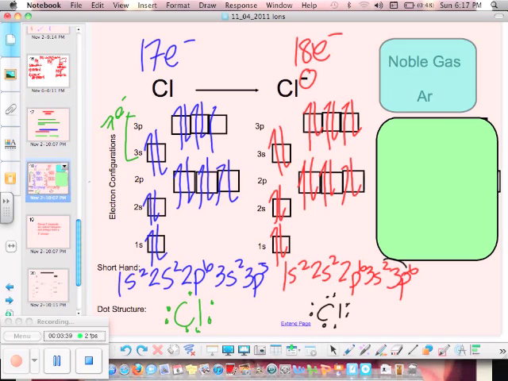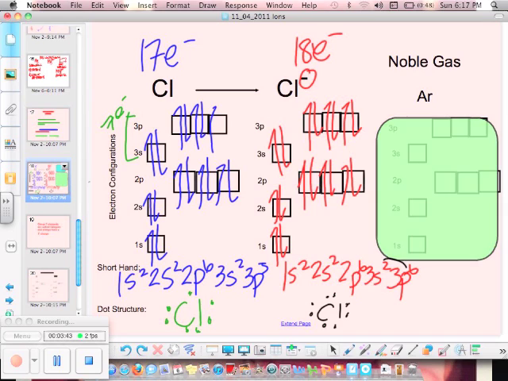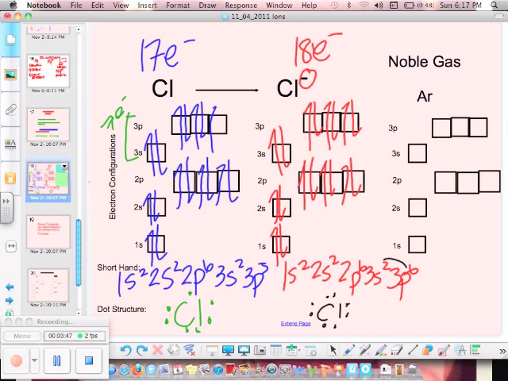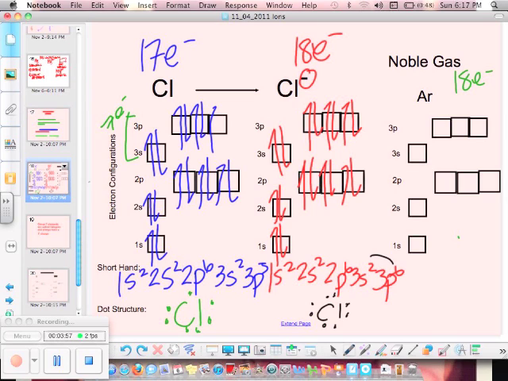Good. Argon is its closest noble gas, so let's take a look at the argon structure. Please forgive me, I'm going to have to scoot this over. Okay, so if we do argon, argon has 18 electrons. If I redo this, 1, 2, 3, 4, 5, 6, 7, 8, 9, 10, 11, 12, 13, 14, 15, 16, 17, 18.